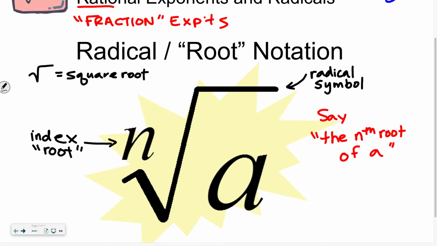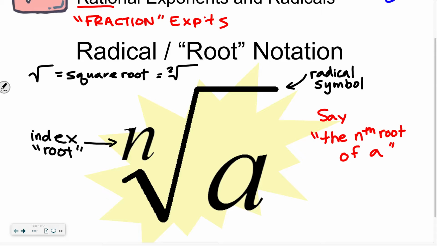It's so common that we don't have to put the little number outside every single time. But because the square root is the inverse of squaring something, the index is 2. So if you ever see a radical with a little 2 outside, that's really a square root. And if you don't see an index, you know it's really 2. The index is never 1. So if you don't see it, it's a 2.